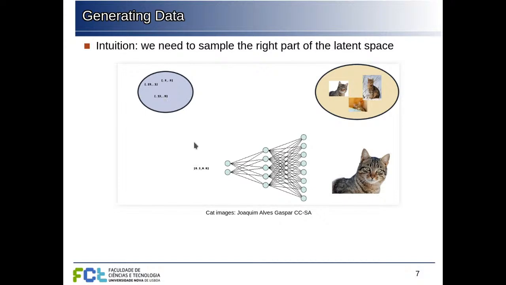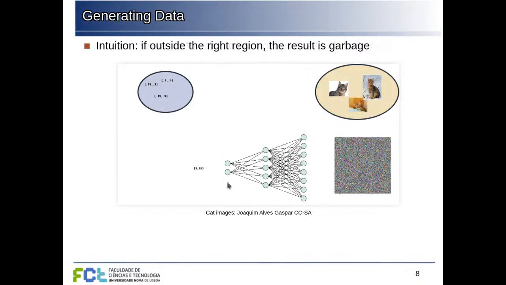If we don't know this, then if we just pick something at random, it's likely that we fall outside the set of hidden representations that are meaningful for this network, and so what we get out is garbage. So this is the problem.